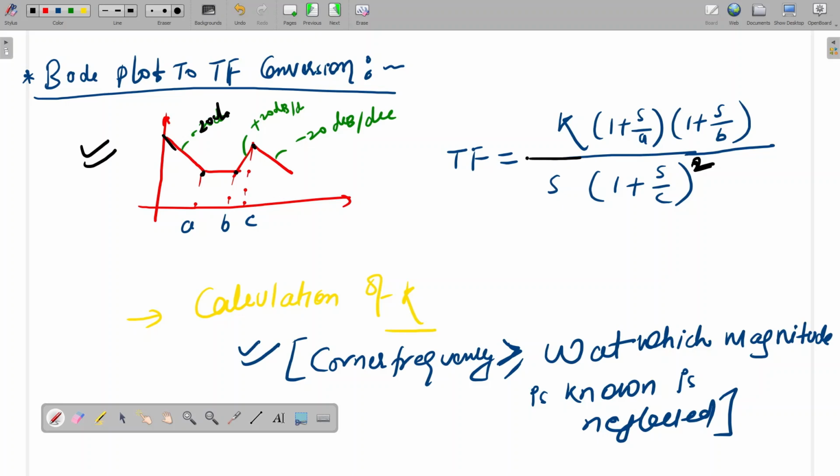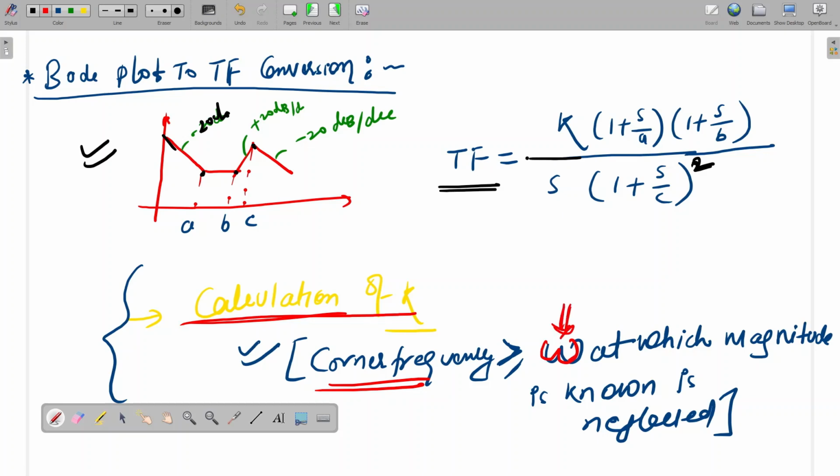So this will be the transfer function, and this is a very important rule for how we calculate the value of K. While calculating K, at the omega where the magnitude is known, all corner frequencies greater than that omega are neglected. In a Bode plot, some magnitude value will be given at some particular frequency, so we neglect all corner frequencies greater than that omega.